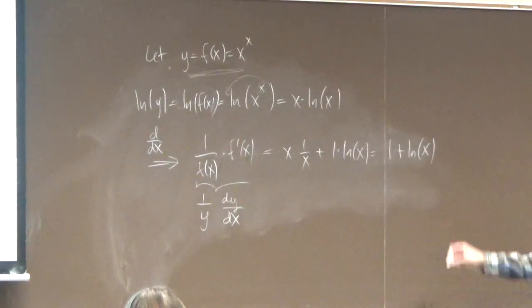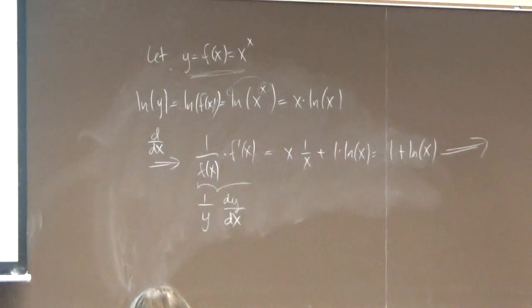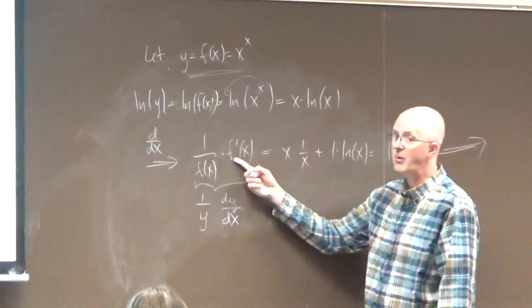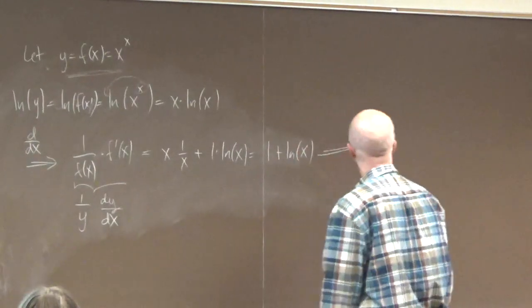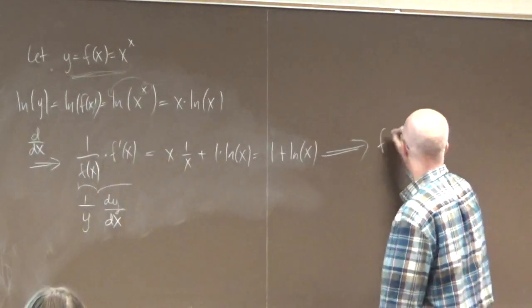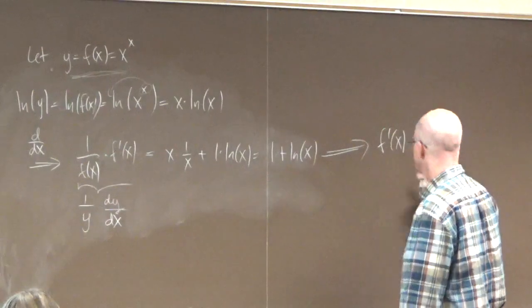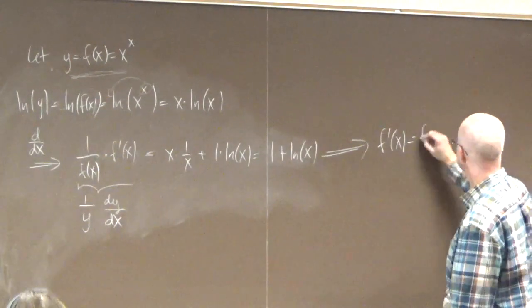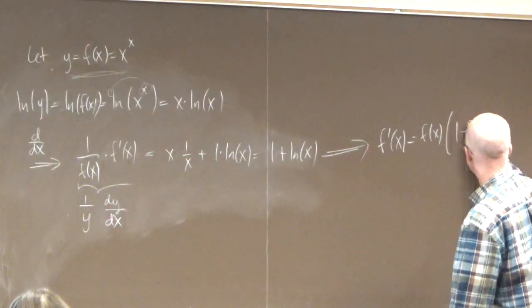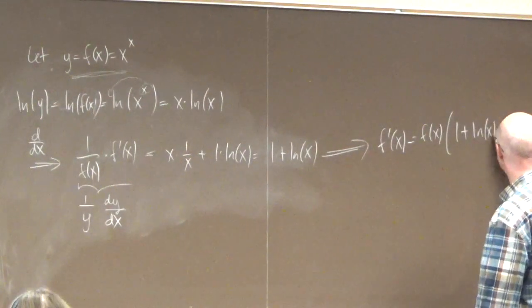We're not done, we want f prime. Well, there's an f prime there, just multiply both sides by f of x, or y if you prefer. Let's use the f of x notation here, and we'll also use the dy dx notation down here. You can write the answer like this, and then simplify by replacing f of x with what it equals.